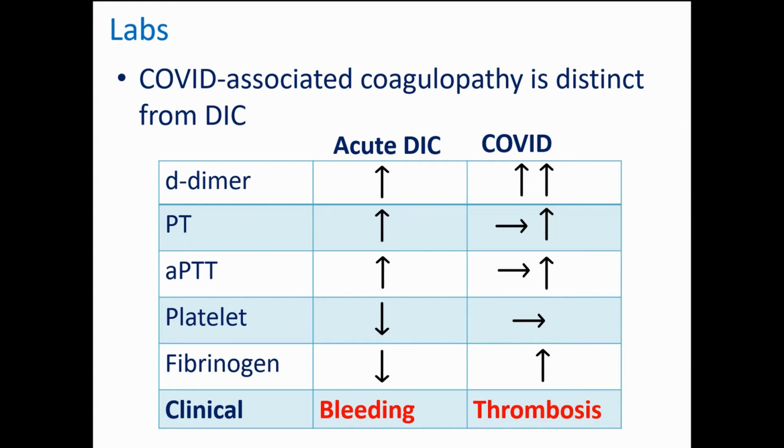So two pictures emerge. One would be the bleeding, the other one is clotting, thrombosis. And that's why we see thromboembolic events in COVID patients, either in the context of VTE or PE, pulmonary embolism.